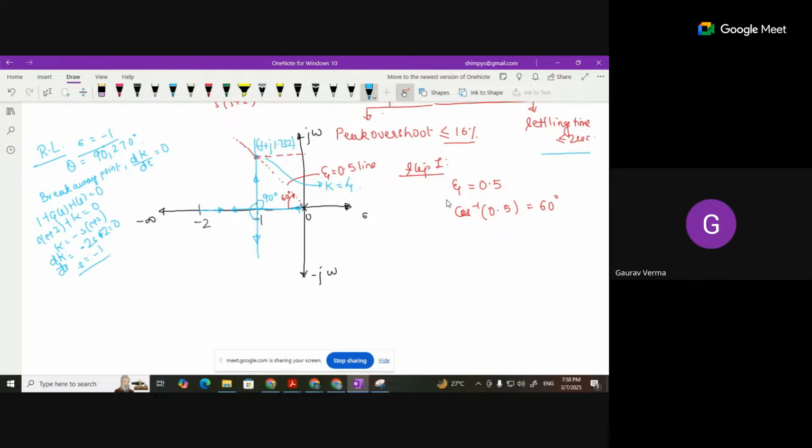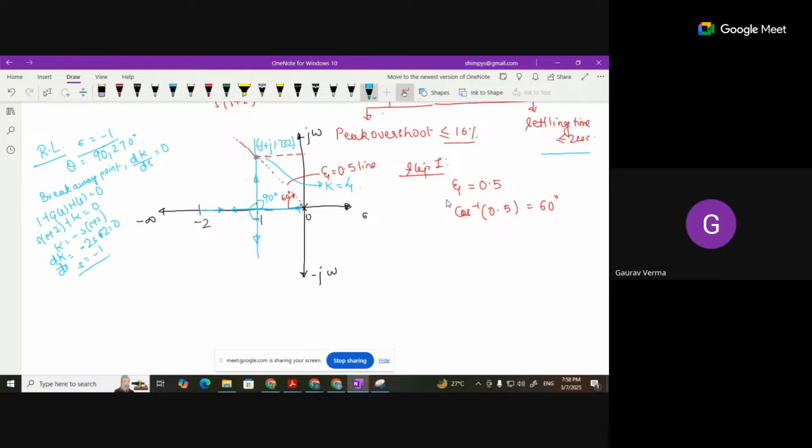We will need the value for omega n there, right? Yeah, 4 by zeta omega n. So we have the value of zeta. See, settling time is 4 seconds. It is given, right?